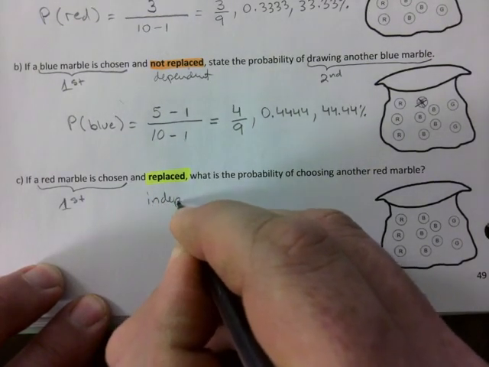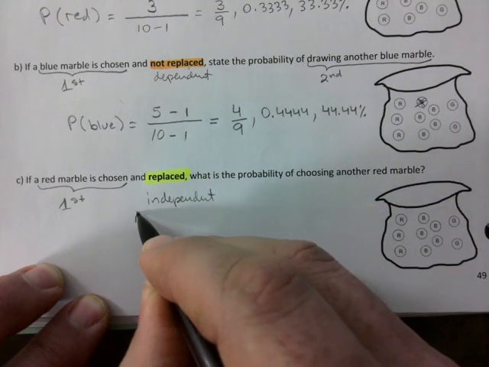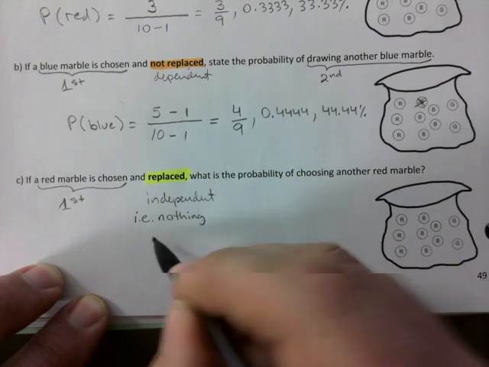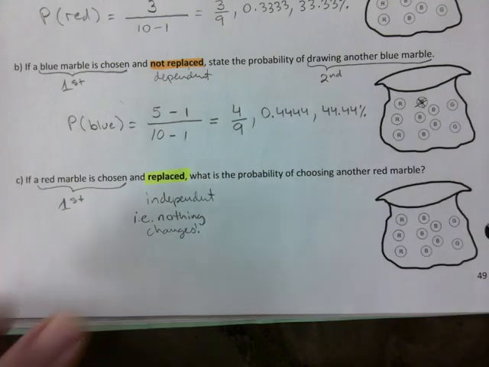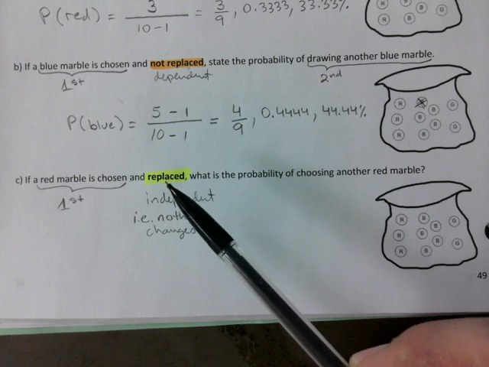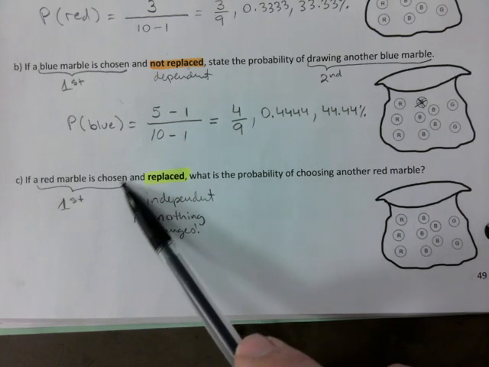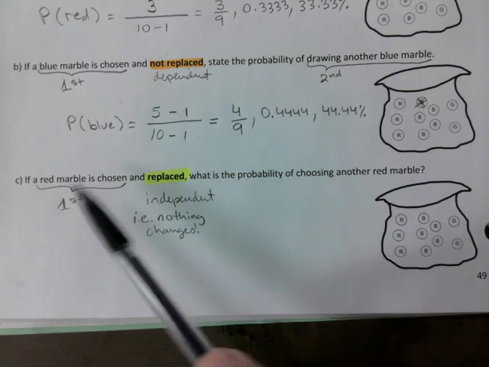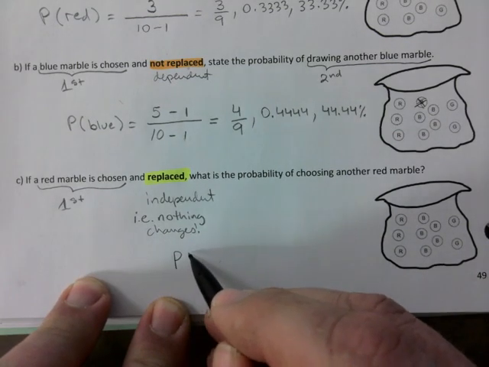Independent, i.e., nothing changes. Okay, nothing changes. To be honest, I don't even have to tell you the first part of the story because you're replacing it. So what does it matter? I could have completely ignored this. So it just goes back to what we've been doing all along.